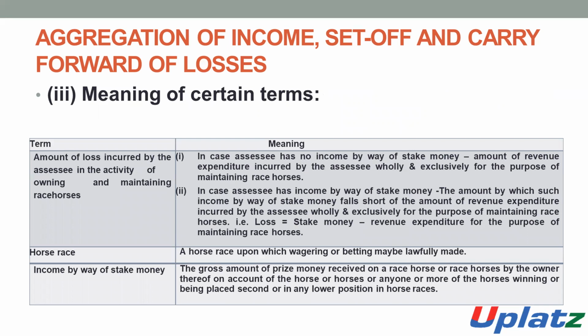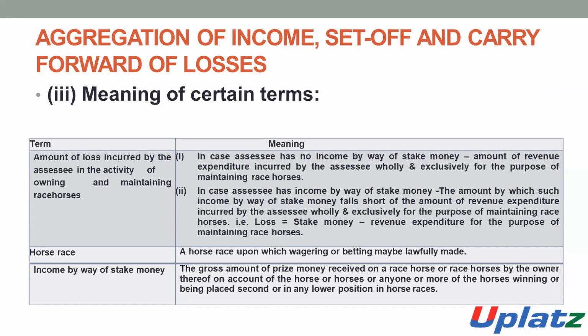Now we will understand certain terms. Number 1, amount of loss incurred by the assessee in the activity of owning and maintaining race horses.